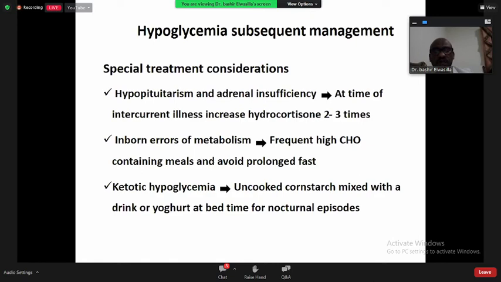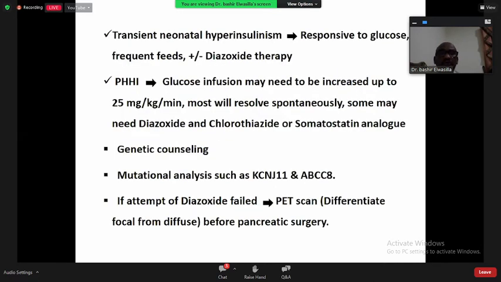In ketotic hypoglycemia, just like in inborn errors of metabolism, you also add uncooked cornstarch, usually mixed with a drink or a yogurt at bedtime, because at bedtime you will have long hours of sleep that might predispose the child to nocturnal episodes of hypoglycemia. Transient neonatal hyperinsulinism is usually responsive to glucose and frequent feeds, and sometimes diazoxide.